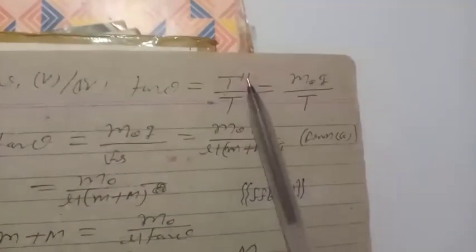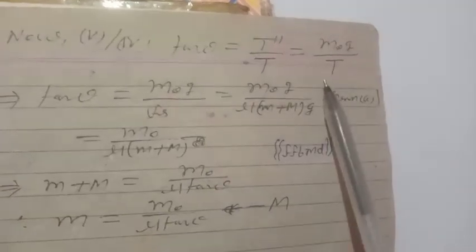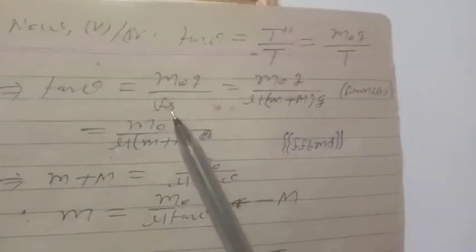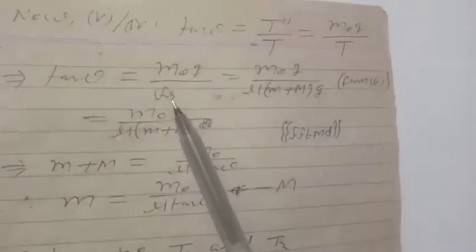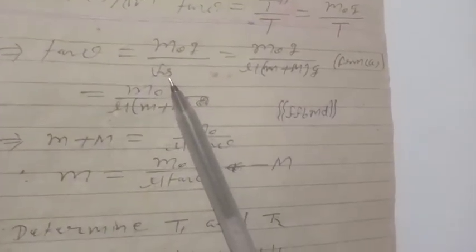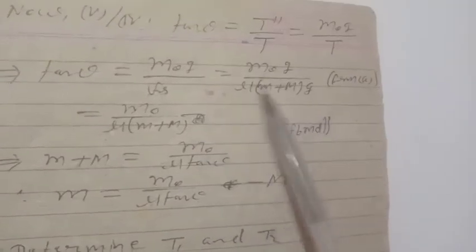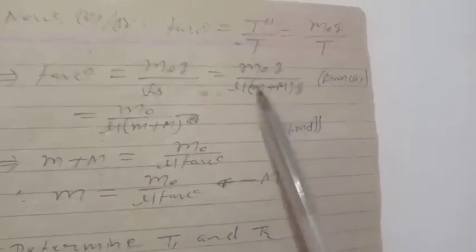So now, dividing equation 5 by 4, we get tan theta equals T double dash by T, equal to m naught g by T. This implies tan theta equals m naught g by T, and we have calculated T equals fs from equation 2, and fs has this value.